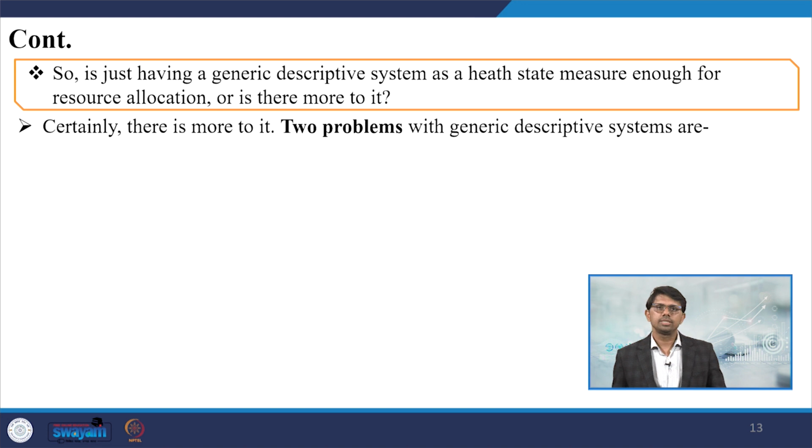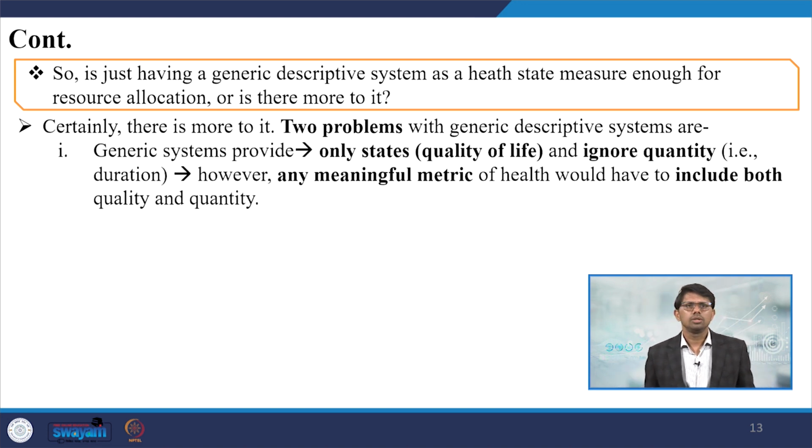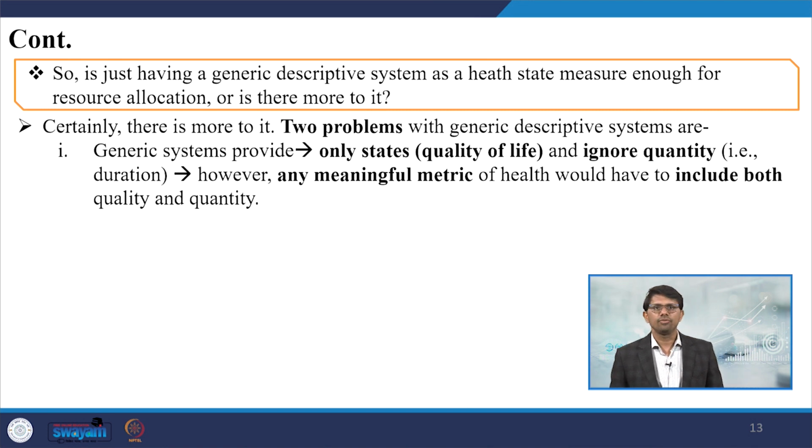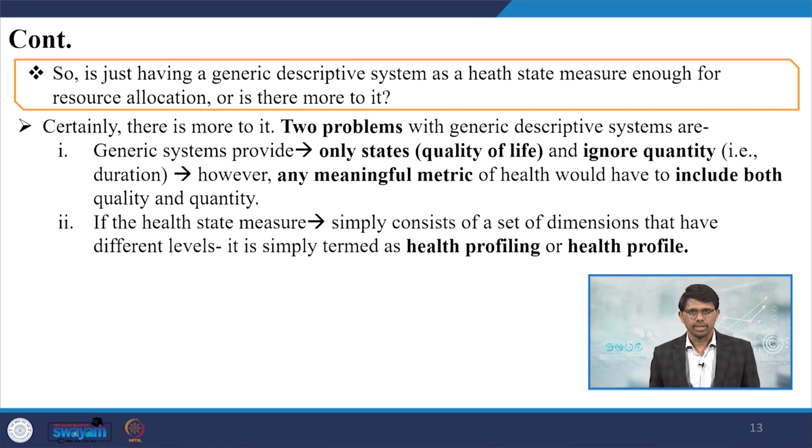Two problems with generic descriptive systems are that they provide only states, that is quality of life, and ignore quantity, that is the duration. However, any meaningful metric of health would have to include both quality and quantity.